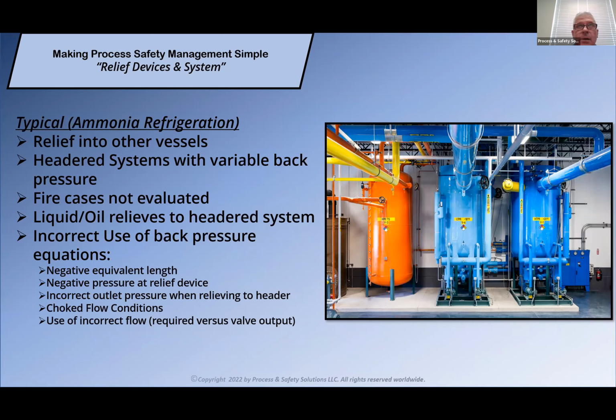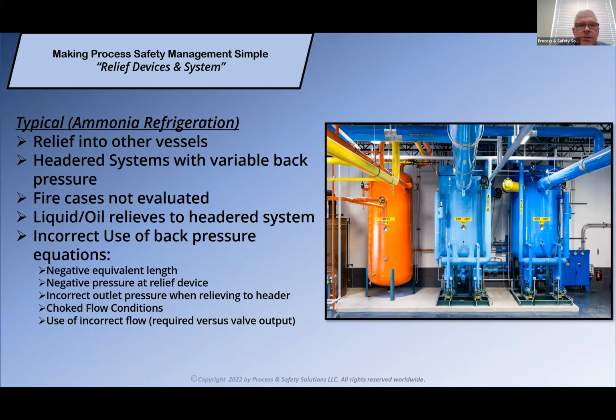Oftentimes we'll look at ammonia refrigeration relief data and we'll see negative equivalent lengths. Well, if you have a negative equivalent length, I'm not sure how I can help you there. That's like having a negative volume. There's no such thing as a negative length. There's no such thing as negative volume.